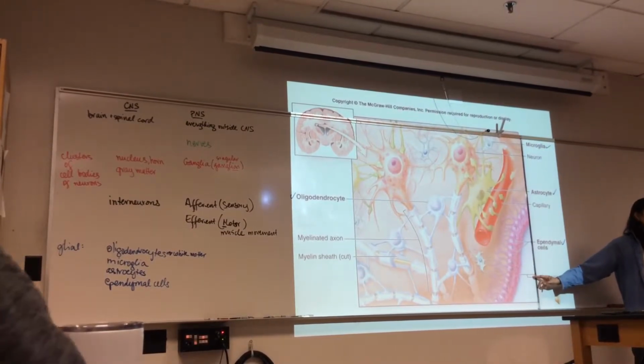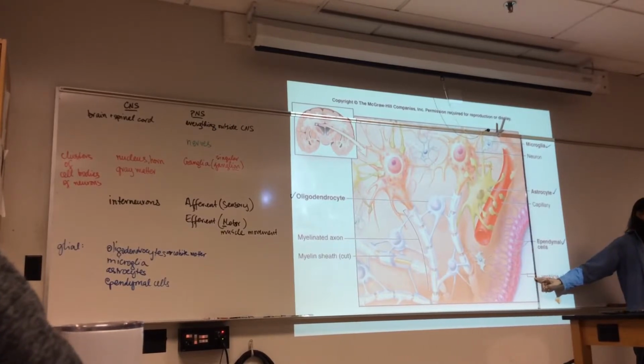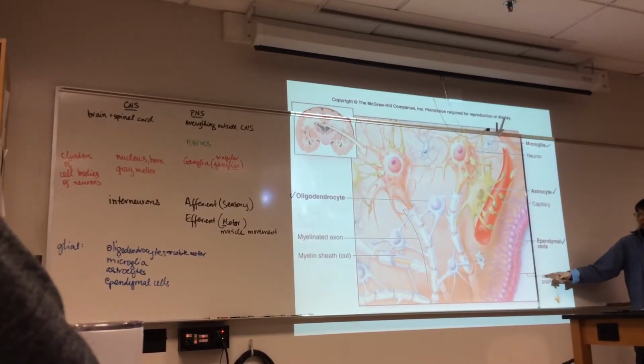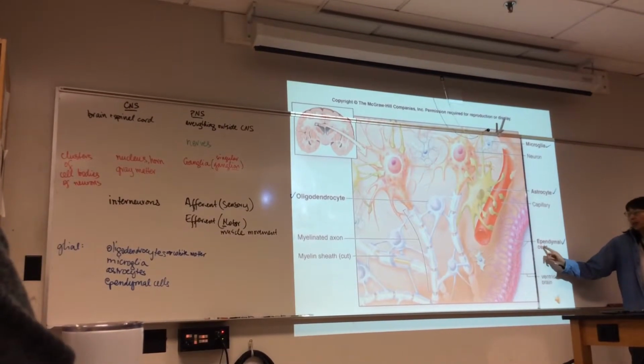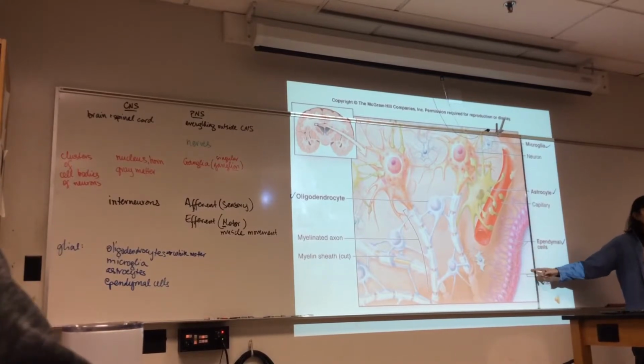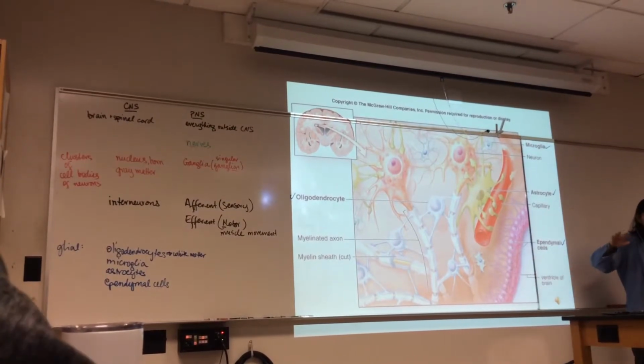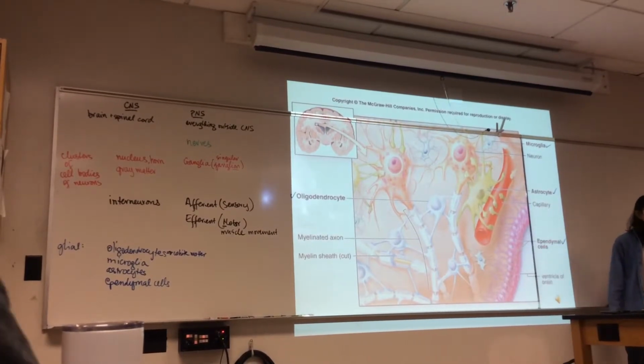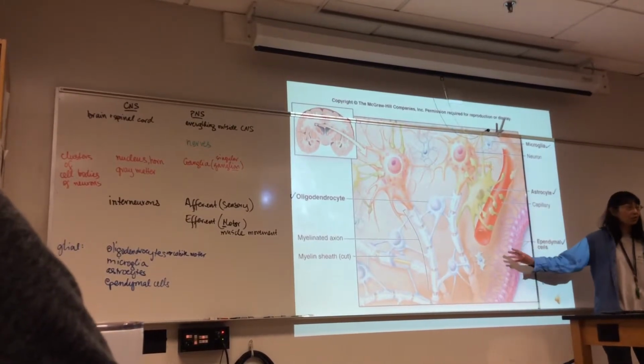Fluid. Okay, so there is fluid in here. The ventricle in the brain has fluid, and the ependymal cell is going to help to make that fluid. We'll talk about that in a little while. Okay, so ependymal. Make sense? Any questions here before I move on?